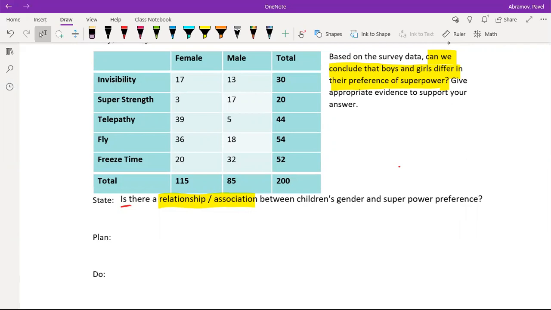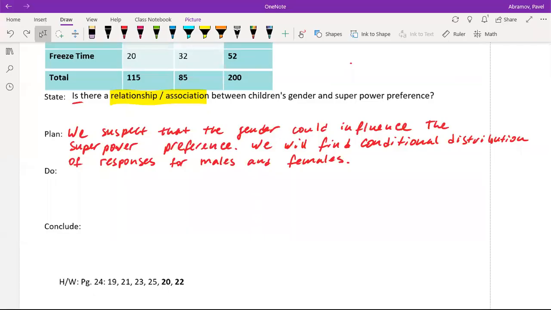Okay, so let me write out the plan. We suspect that gender could influence superpower preference, so we will find conditional distributions of responses for males and females.